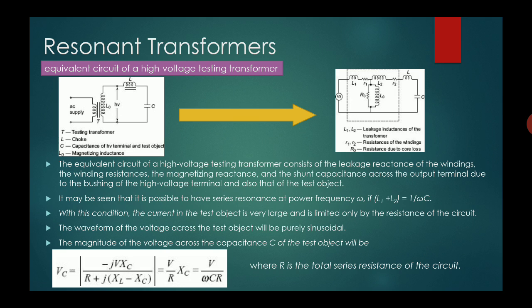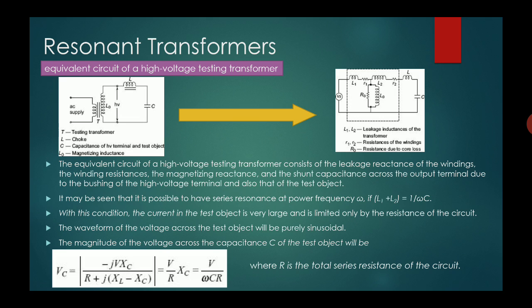The waveform of the voltage across the test object will be purely sinusoidal. Since it is only the resistance that is resisting the voltage and the current to the transformer, it will be purely sinusoidal, and it will be at a power factor of 1.